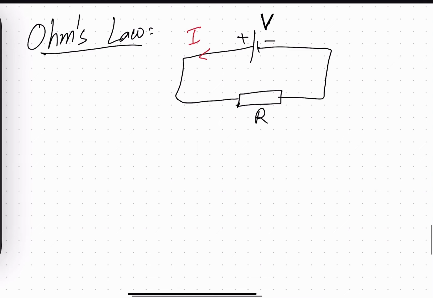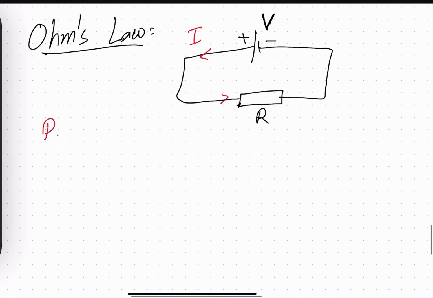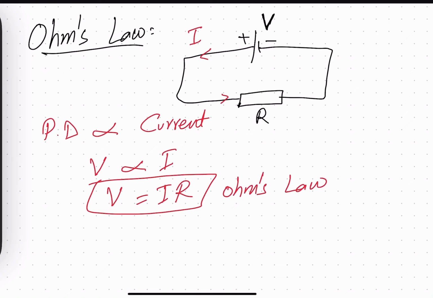The current is I. If I double the voltage, the current will also increase, and if I decrease the voltage of the battery, the current flowing through the resistor will also decrease. So it means potential difference is directly proportional to the current. We can say that V is directly proportional to I, and when we remove the proportionality sign, there comes an equal sign and a constant. That constant is R. So V equals I R. This is Ohm's law.